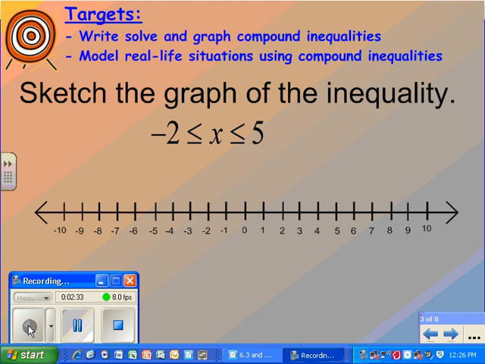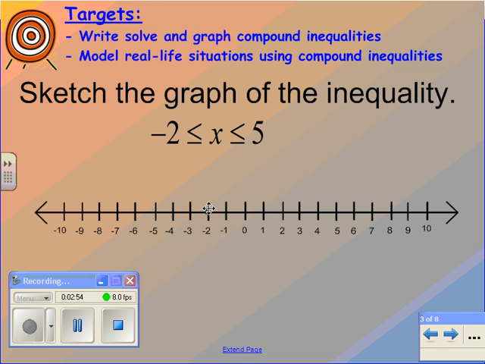So here we want to sketch the graph of the inequality. We would read this as -2 is less than or equal to x, which is less than or equal to 5. The easiest way to do this: notice we have less than or equal to on both of these, so that tells me I want a closed dot. I'm going to put a closed dot on the -2, right here. And then I'm going to put a closed dot at the 5, sorry, not -5.